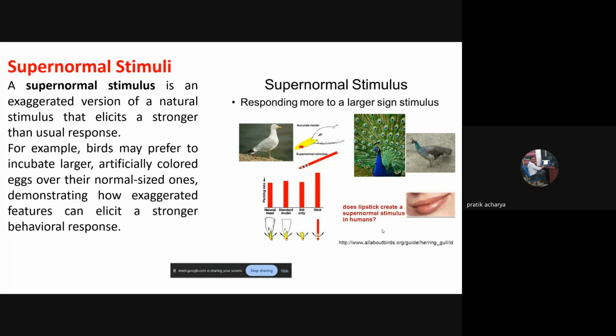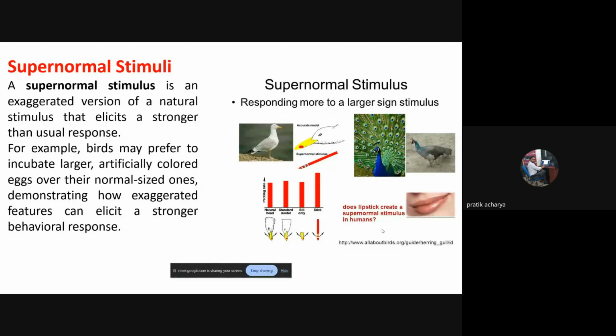So in case of certain birds, they try to incubate the larger eggs first, and they give more priority to the larger egg. That means there is parental care for all the eggs laid by the birds, but the mother bird shows more affection towards the larger egg or the artificially colored egg.